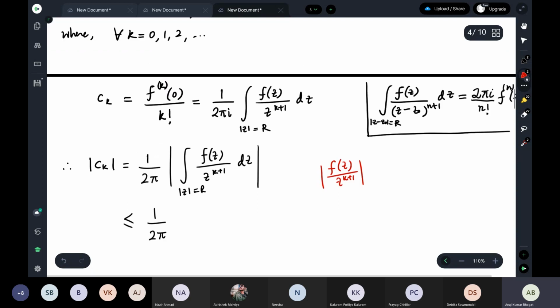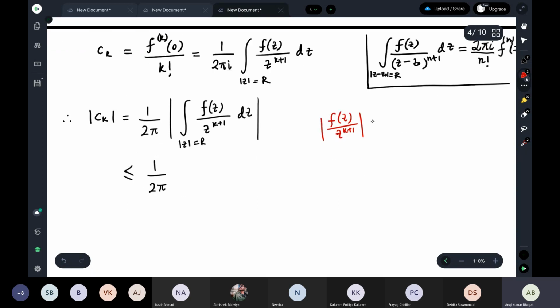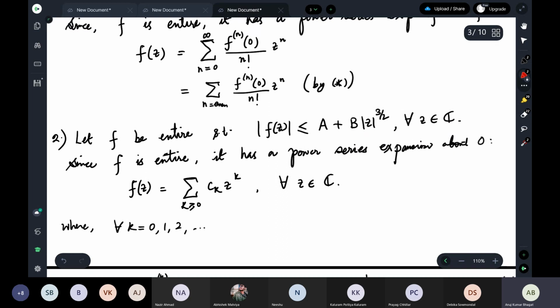According to this, first of all, this is mod of f(z) by mod of z to the power k plus 1, and this is nothing but r, because on this circle mod z is r, so this is r to the power k plus 1, and the above part, mod of f(z), is bounded by this.